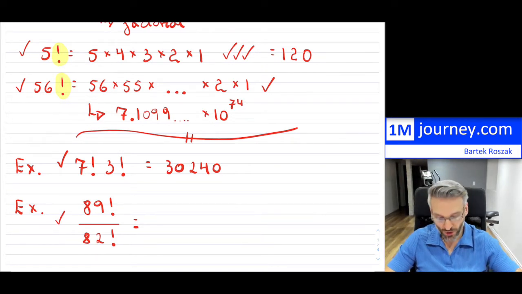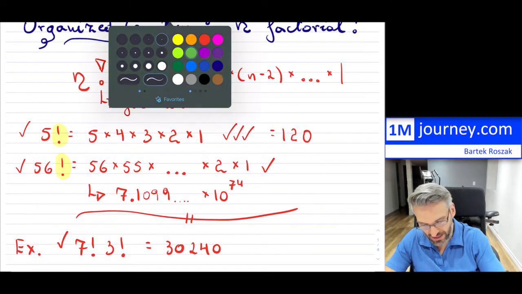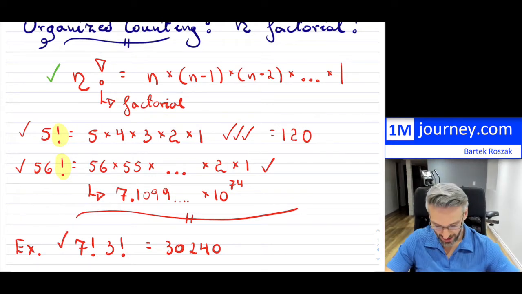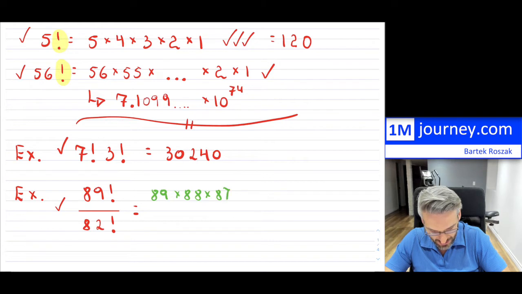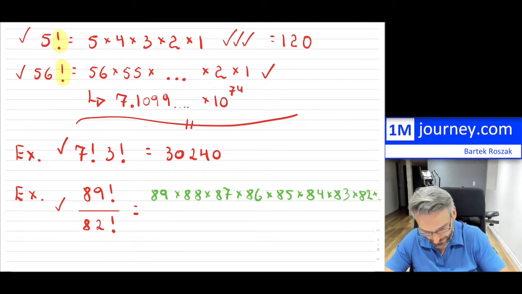So in these instances where you do have larger ones and you do have division, then I do encourage you to go back and think, what did the actual definition of factorial mean? And you will notice that if we would have written this out, this would have been 89 multiplied by 88 multiplied by 87, right? 86, 85, 84, 83, and then it's going to be 82, and it keeps going, right?